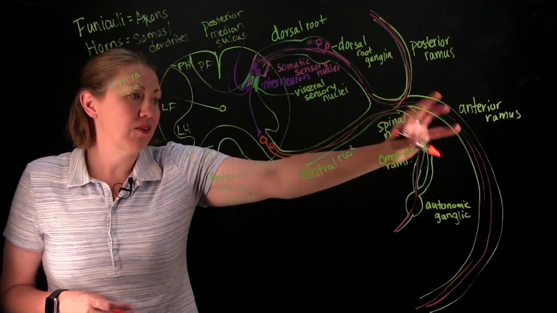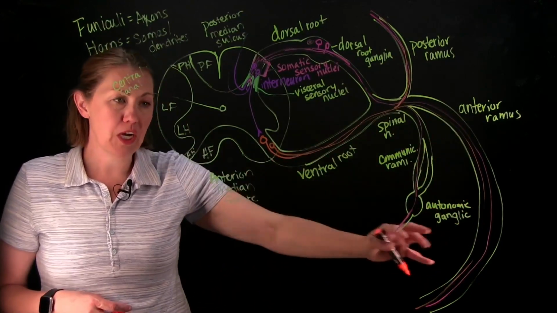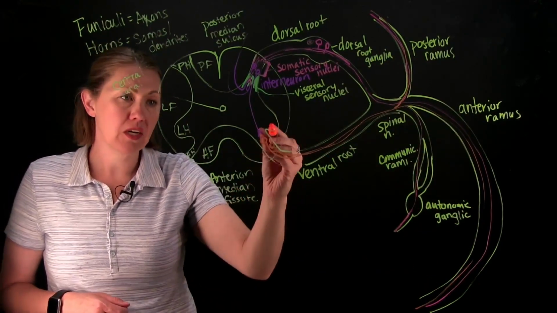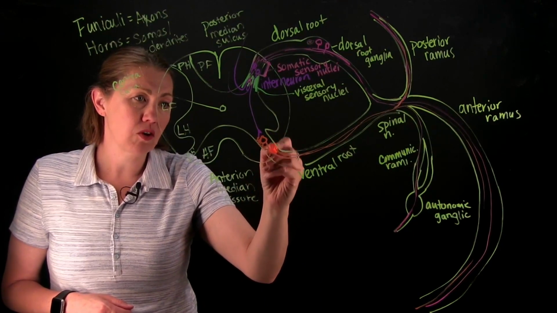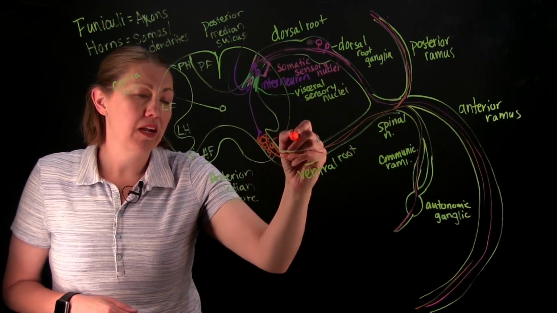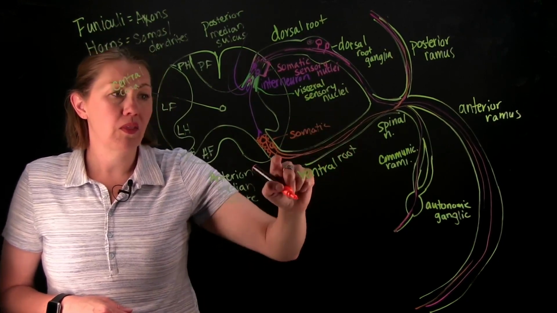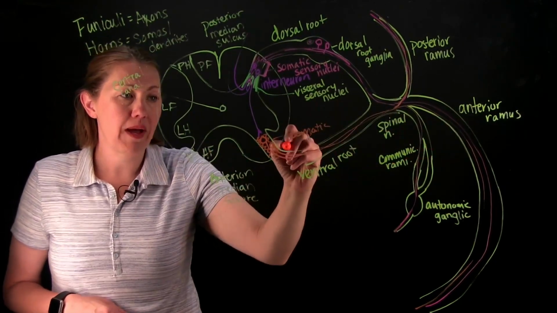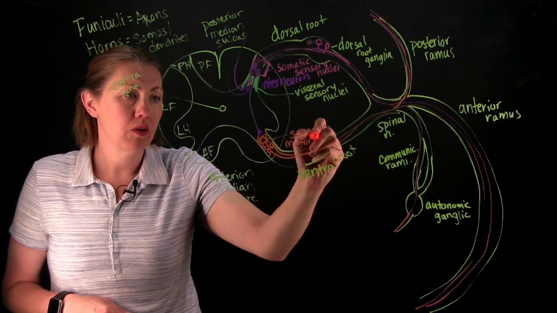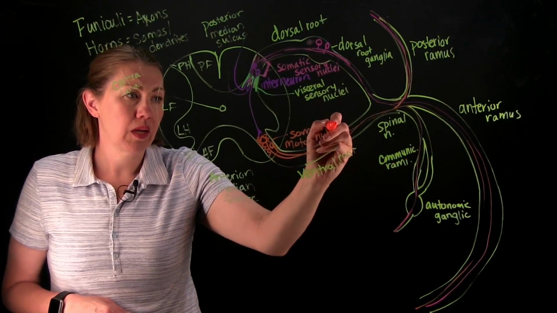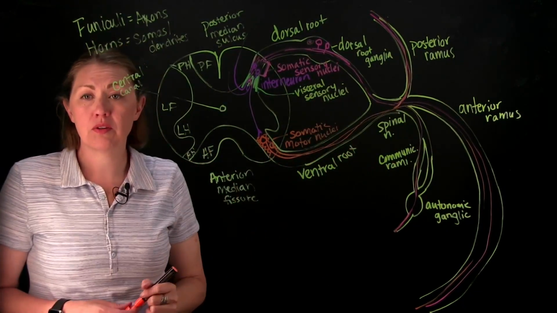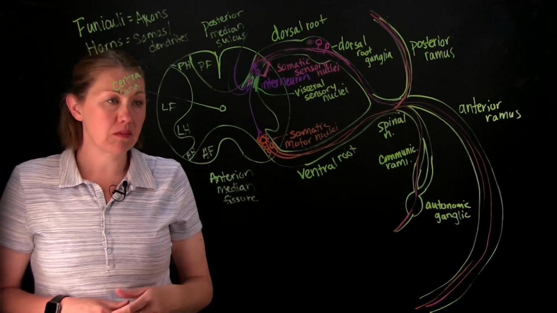So we have different ways that you can send that information out. But remember, we're going with conscious here. So this part, the anterior horn, is again another place where we have somatic. So this is output, so it's somatic motor nuclei. Again, clusters of the somas, of the cell bodies.